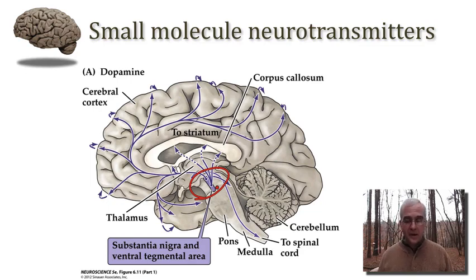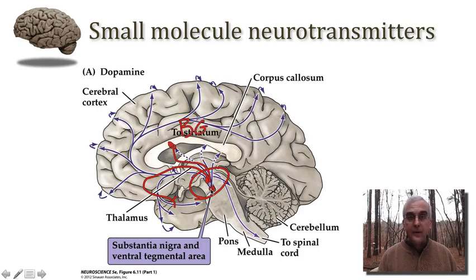And right adjacent to that is a region called the ventral tegmental area. Here we have cells that have their somata here, and they send axons to important parts of the brain, such as the basal ganglia, specifically the striatum, which is part of the basal ganglia.